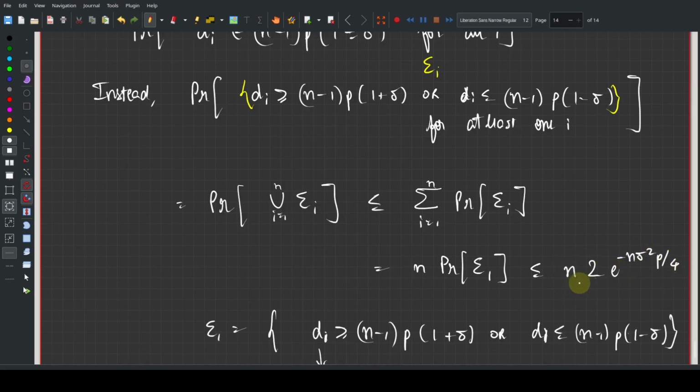And I could say this just because I had this kind of exponential tail bound. So suppose I take p to be a constant independent of n, then delta square can be very, very small. It means that the degree of each vertex is very tightly concentrated around its mean. The deviation from (n-1)p is very small, correct?